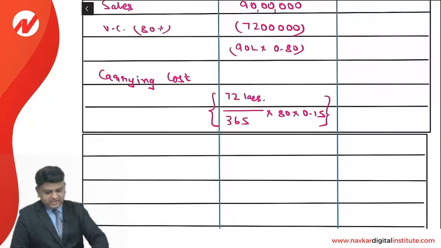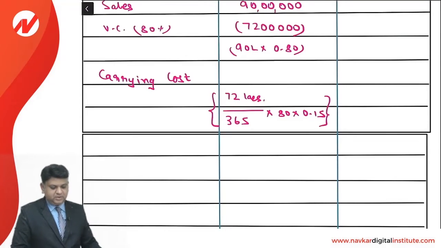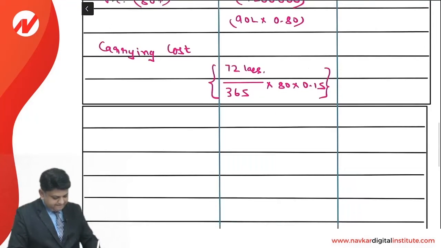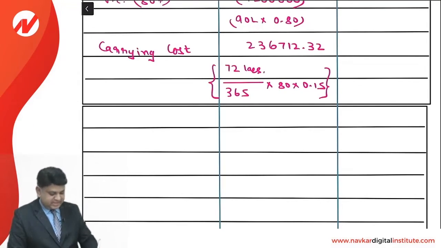So 72 lakhs into 80 into 0.15 divided by 365. So that comes to 2,36,712.32. That is the carrying cost.